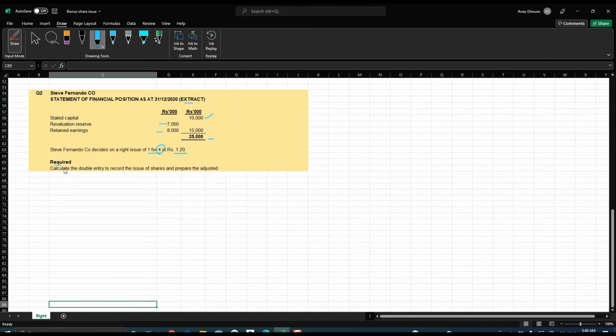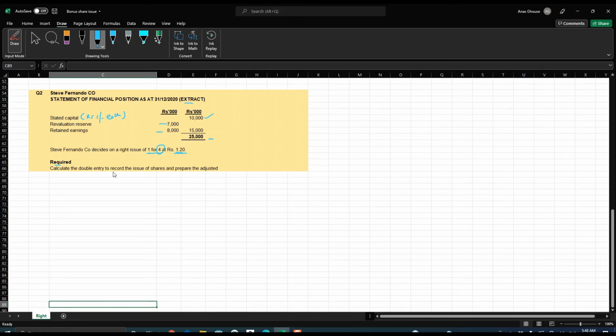So what is required? Calculate the double entry to record the issue of shares and prepare the adjusted financial position. So one new share for every 4 shares held, at a price of 1.2. So how many shares? Let's assume it is 1 rupee each.